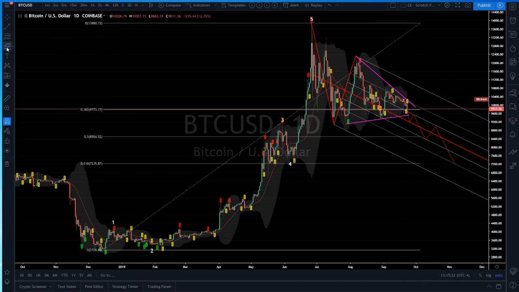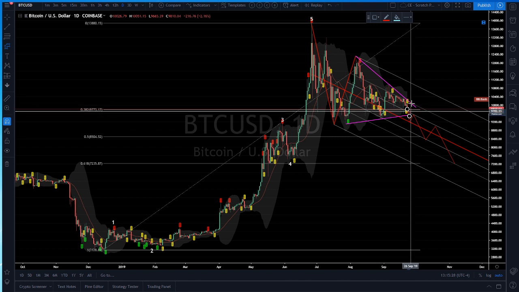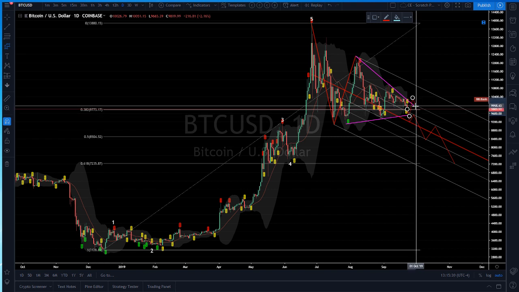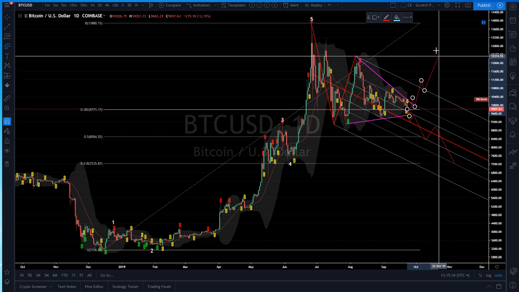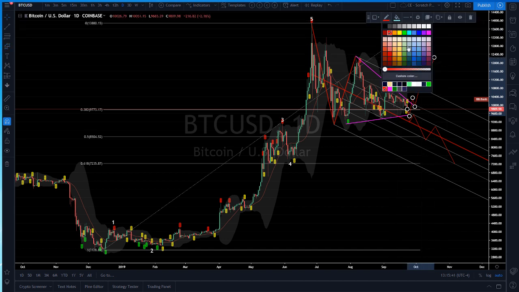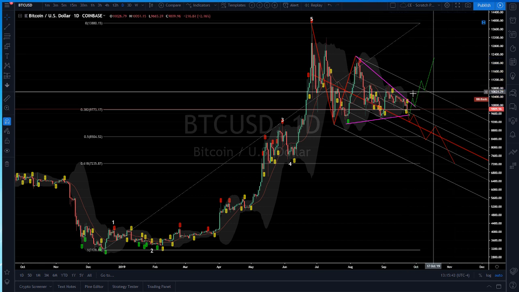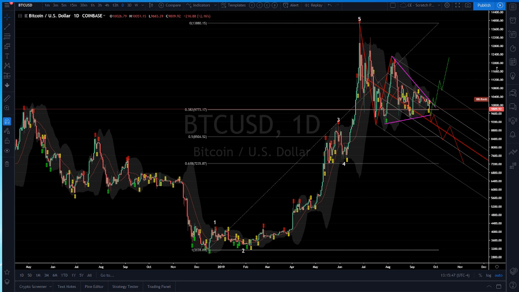And again, let me just outline our bullish scenario. The bullish scenario would be something along the lines of hitting down here and then breaking up. And then we're going to be looking here to break through this and then finally break out. And I'm going to say right now the targets for our bullish scenario are going to be pretty high, and I did talk about them a while back.